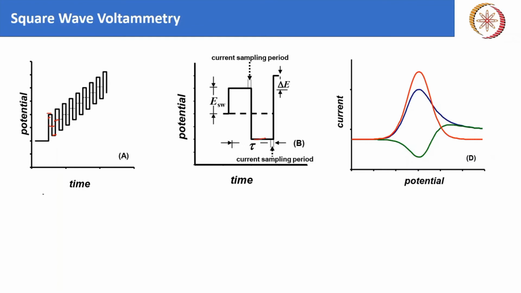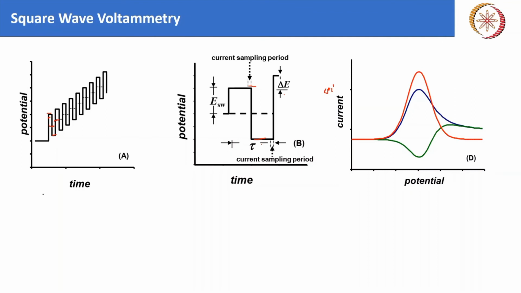This pulse width is tau, and the potential increase is del E, and if you measure the current del I as a function of potential, then you will get the redox peak of your analyte.